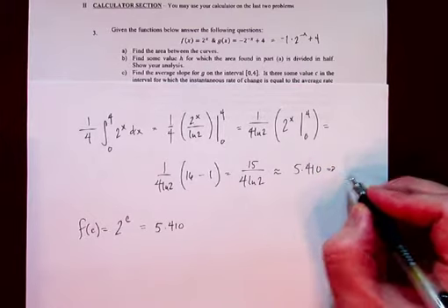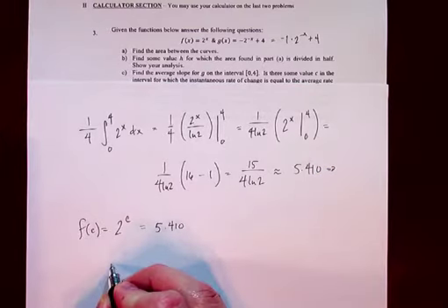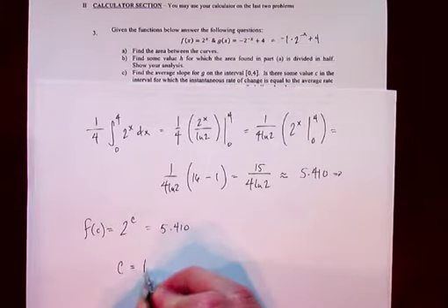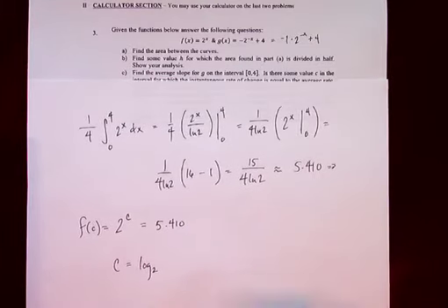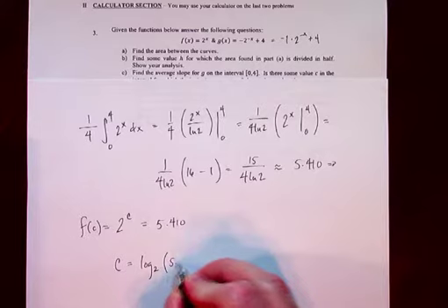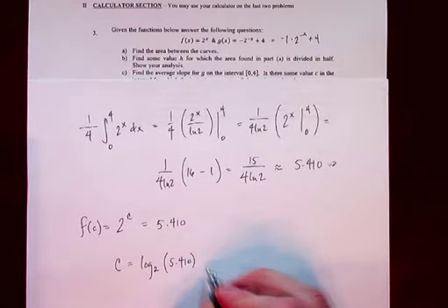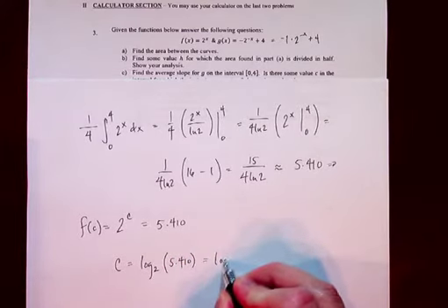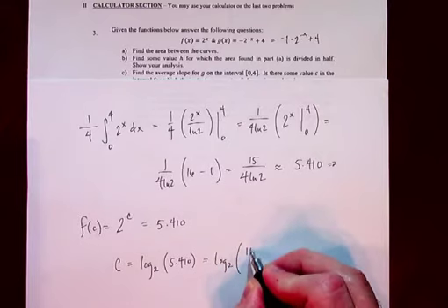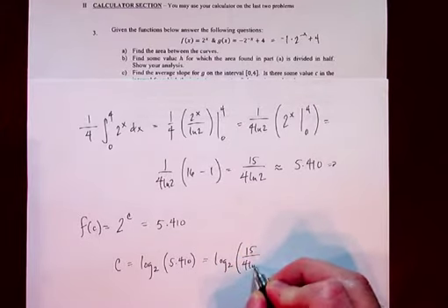than the approximation. And in solving for c, I know that this is going to be log base 2 of that 5.410, or more to the point, log base 2 of 15 over 4 natural log 2.